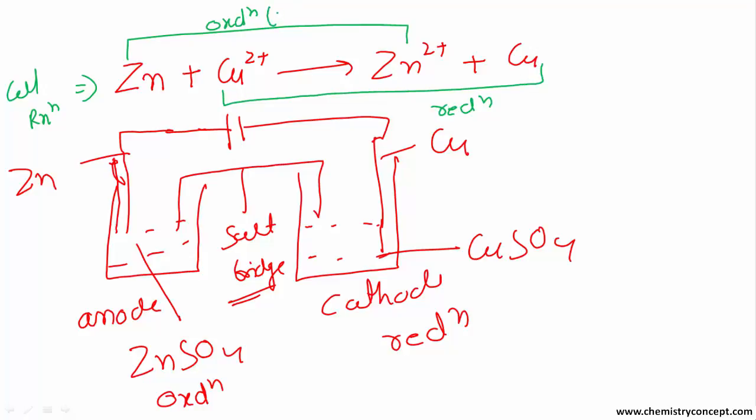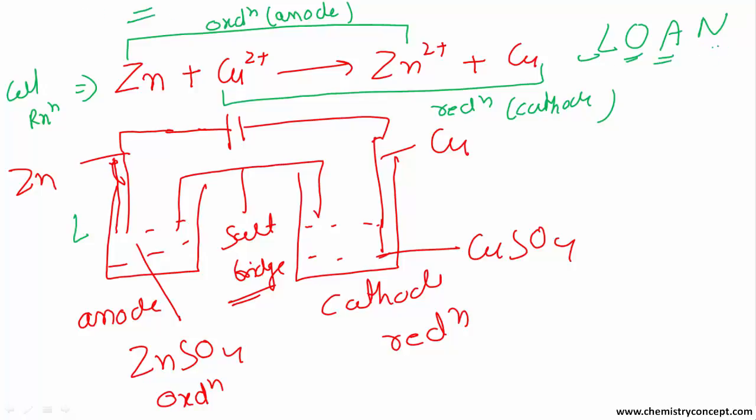The oxidation half reaction takes place at the anode and the reduction at the cathode. There is a formula to remember this: LOAN. On the left side oxidation takes place, and that is known as the anode, and that is negative in sign. So this was a typical galvanic cell, which is also known as the Daniell cell.